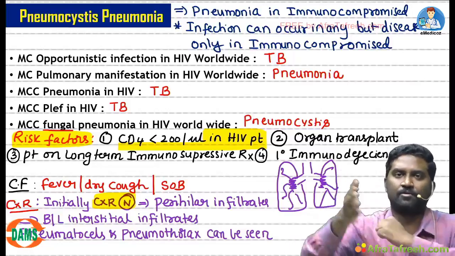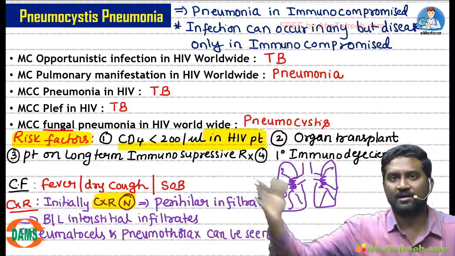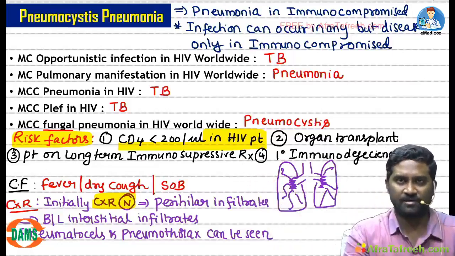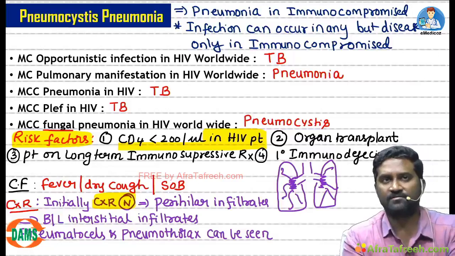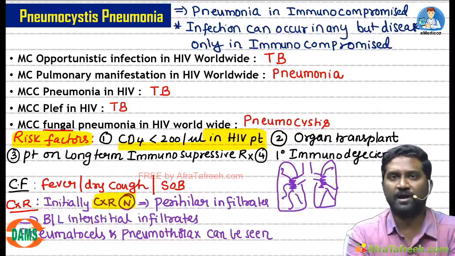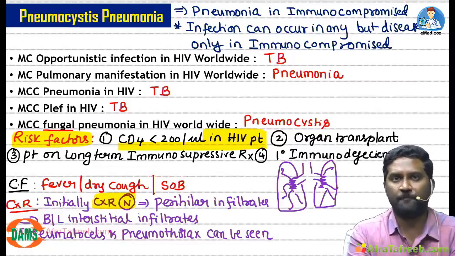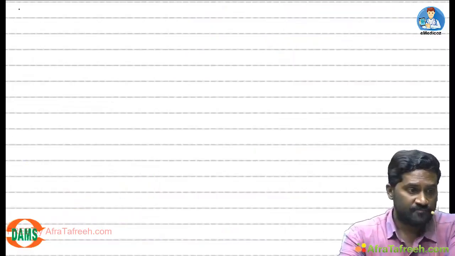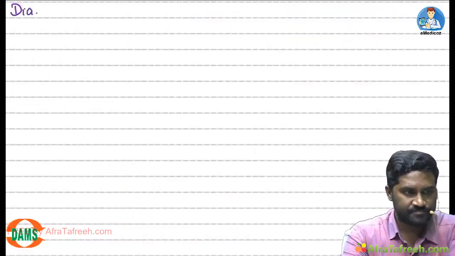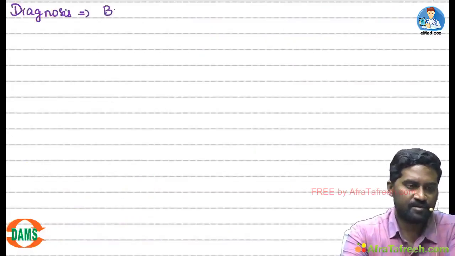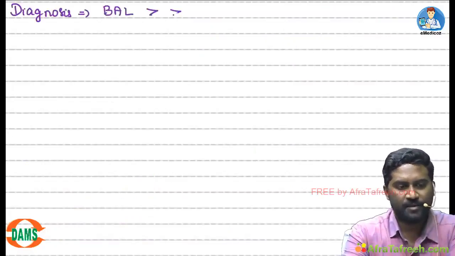This saline will go into the alveoli, hit the alveolar walls and bring out the organisms. So for diagnosis of Pneumocystis pneumonia, the sample should be BAL. So write down, for diagnosis, the most important sample is BAL when compared to routine sputum.